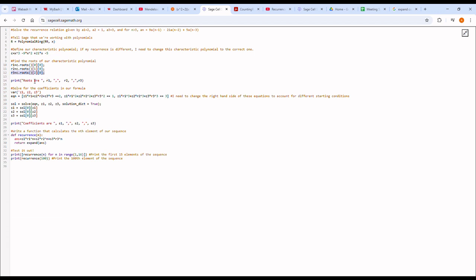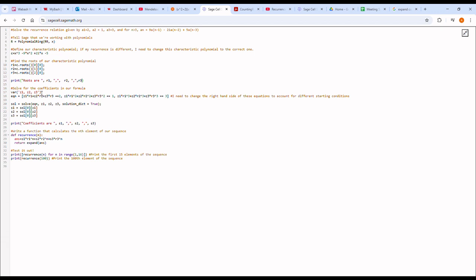You're also going to need to find one more root. So just follow the pattern, add an R4 that calculates the 4th root of this polynomial. You might want to print out another root by following the same syntax. Note that there are commas between things that I want to print, and I also printed out some extra commas between the things to make them nice and separated.